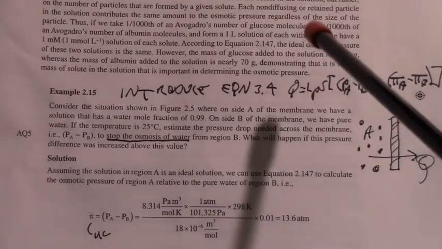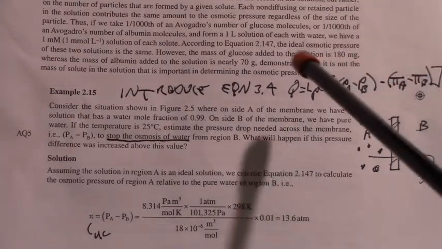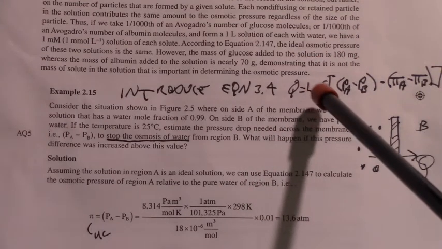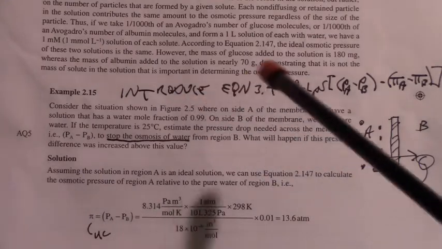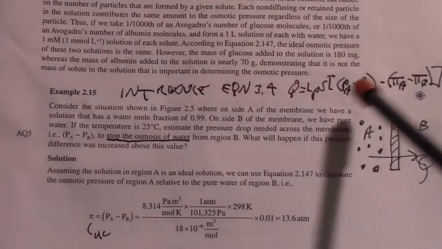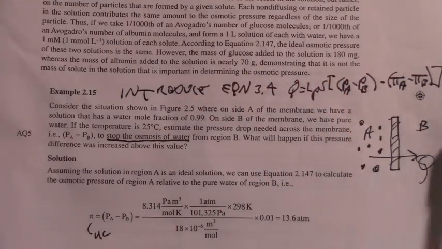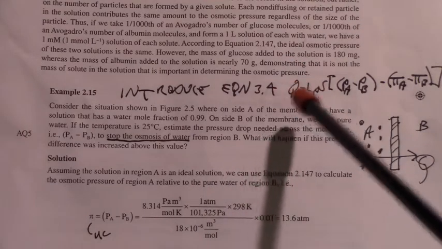And later in today's lecture, or maybe the next lecture, we'll be delving into a deeper mathematical understanding of what LP happens to be. But in any case, in terms of this example, what we want to do is find out the pressure drop needed across this membrane to stop the filtration flow of any water across the membrane. Well, that's going to happen when Q is equal to 0.